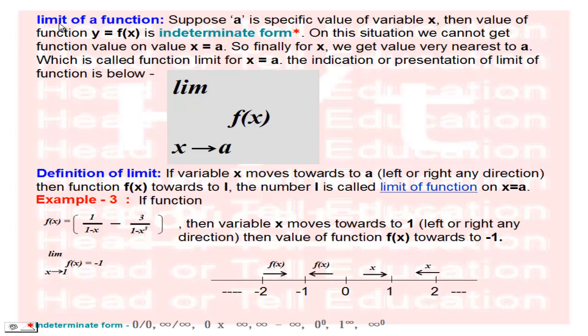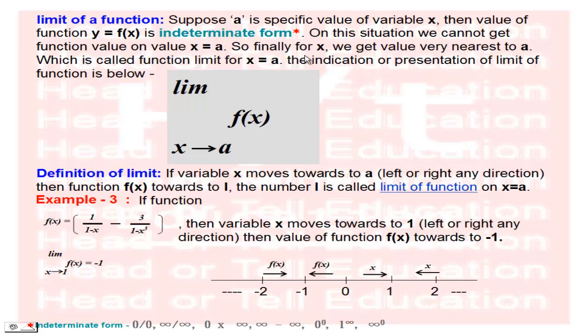Next, what is the limit of a function? Suppose a is a specific value of variable x, and the value of function y equal to f(x) is an indeterminate form. In this situation we cannot get the function value at x equals a.